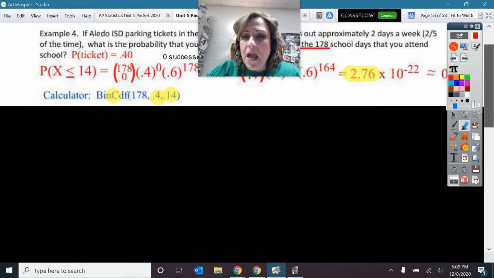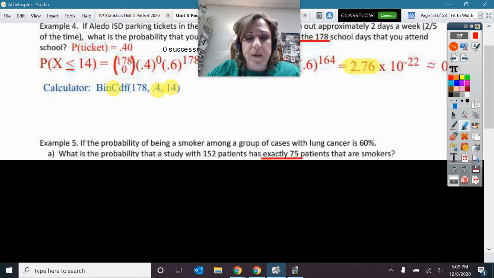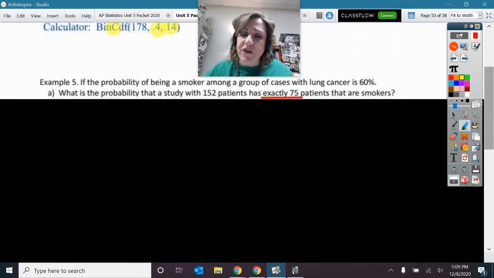Okay? All right. Well, but let's do this. Here we go. So I think we spend the rest of our time on this situation. So we've got this. The probability of being a smoker among the lung cancer patients. Okay, so the denominator is all the lung cancer patients. 60% of the lung cancer patients smoke.